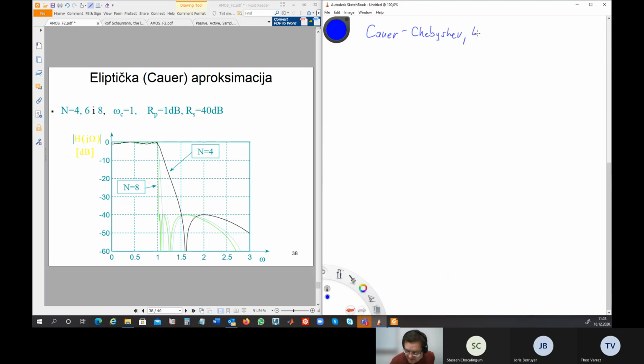It's also called elliptic, or somebody only says Cauer. But everything here is correct. So what is now important to say about this?